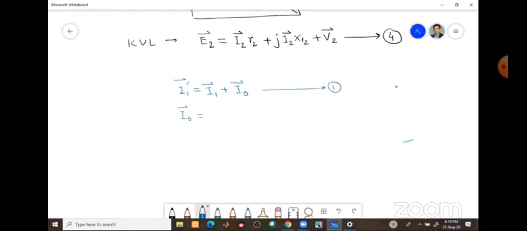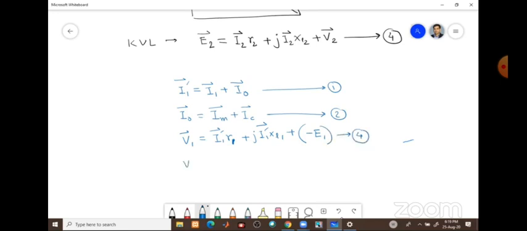I0 equals IM plus IC, that is equation number 2. Then the third equation is V1 equals I1 prime R1 plus j I1 prime XL1 plus minus E1, that is the induced voltage for the primary.